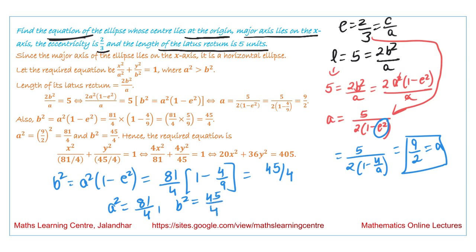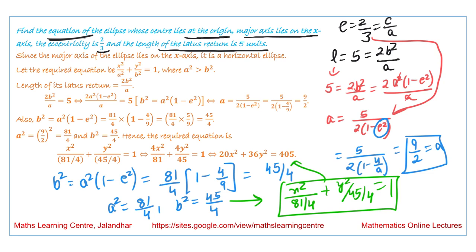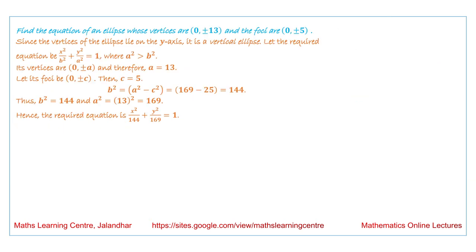So the equation of the ellipse we have is x square over 81 by 4 plus y square over 45 by 4, that is equal to 1. And if we simplify this, the final equation we obtain is in the form 20x square plus 36y square is equal to 405.